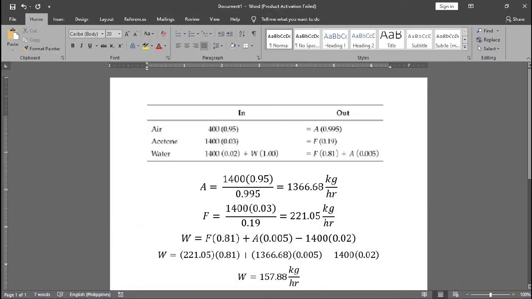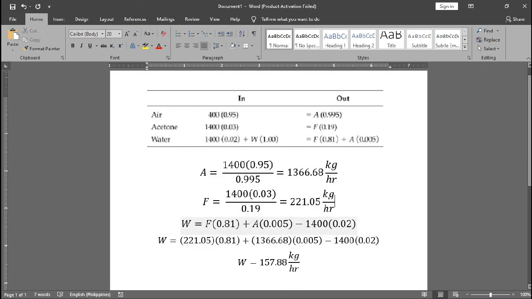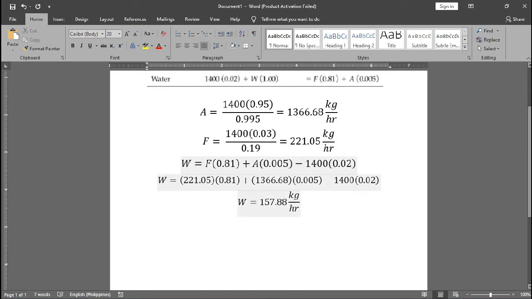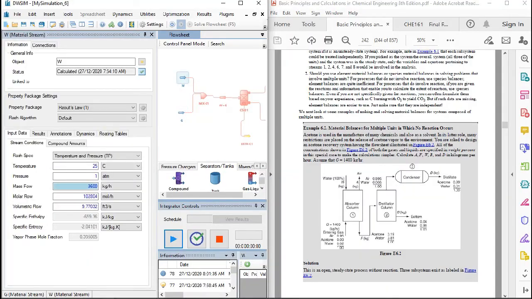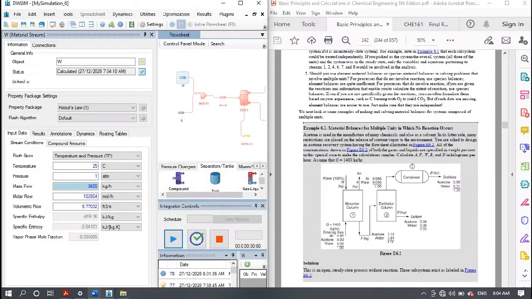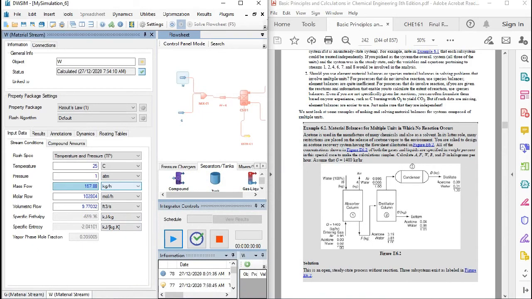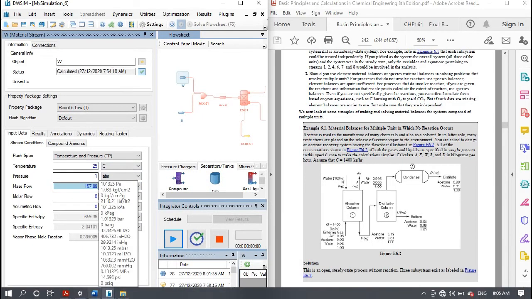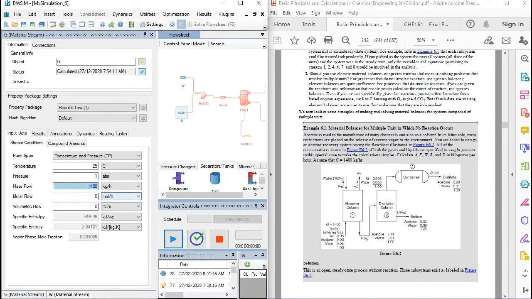Now for the mass balance of our W, substituting from the calculations, our W is 157.88 kilograms per hour. So we will be inputting 157.88 kilograms per hour as our mass flow. Our G is 1,400 kilograms per hour.